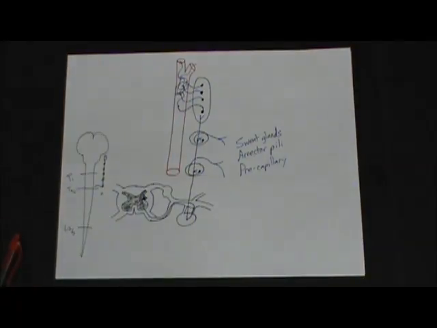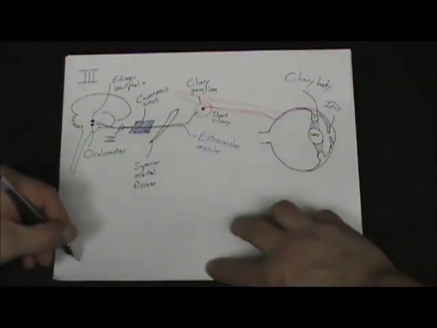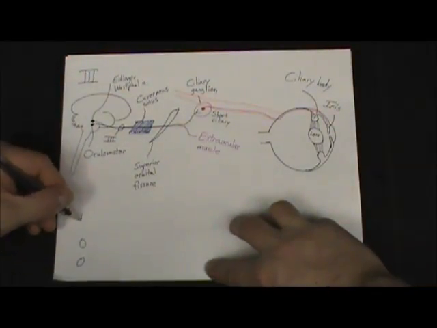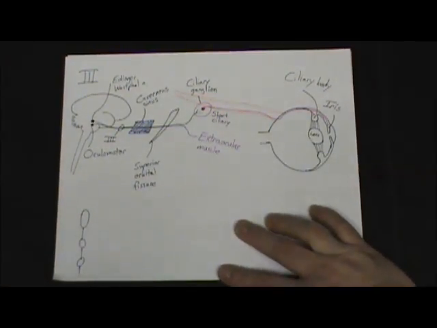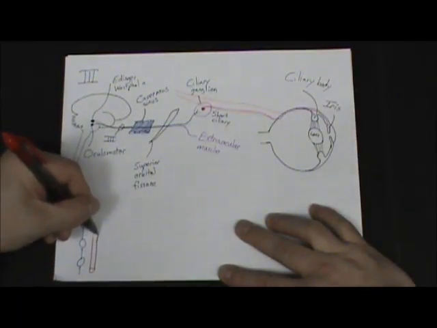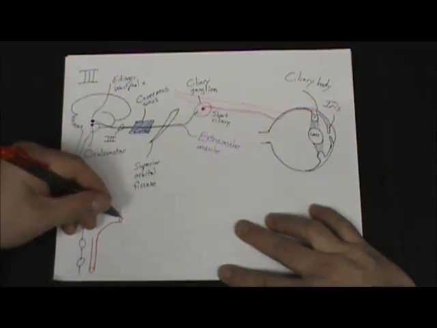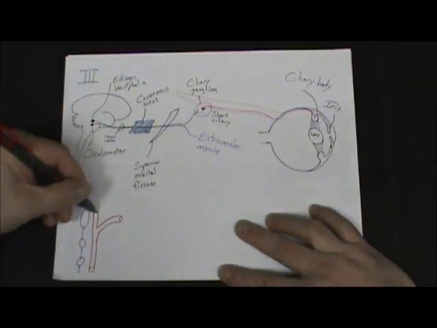There are a couple special exceptions, and we'll cover those right now. Now, the first, not really an exception to the rule, but a modification of it, is pretty closely tied with the function of cranial nerve 3. So let's put this little picture back up here, and we'll draw in our inferior, middle, and superior cervical ganglion containing the sympathetics, and we'll draw in the common carotid artery branching off into the external and internal carotid arteries.